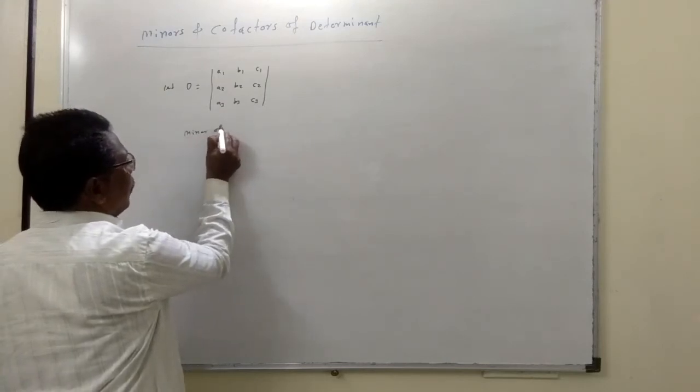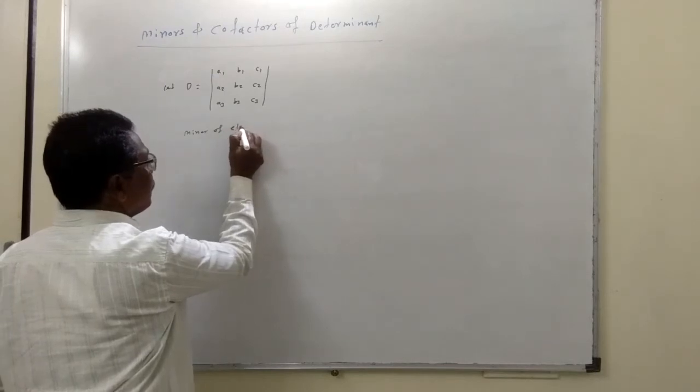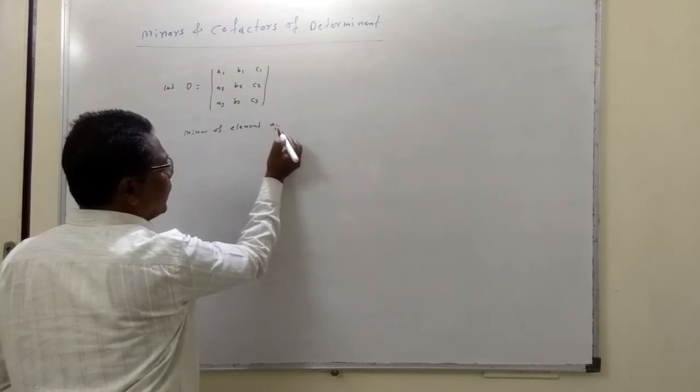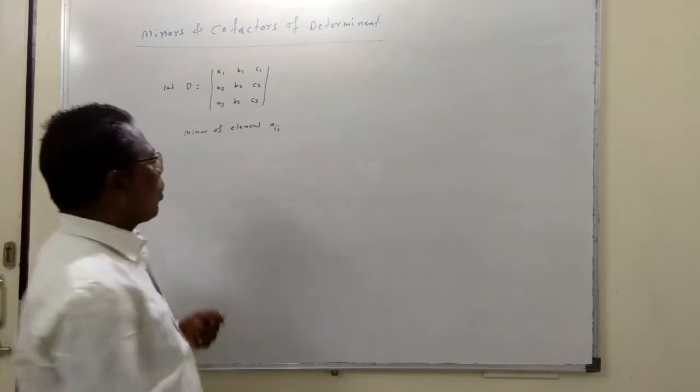the minor of an element, in general we write Aij. So Aij means the element of the ith row and jth column.